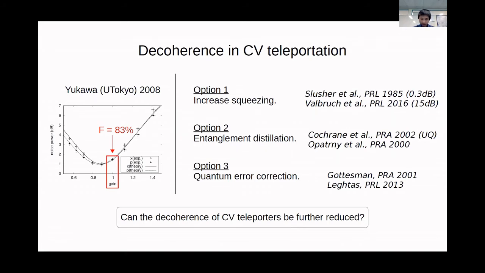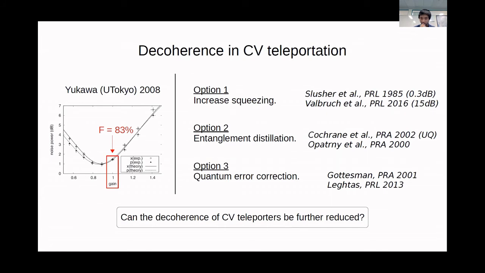Now, it has been proposed by some authors that there are other methods for increasing the fidelity and reducing the decoherence in CV teleportation. It has been proposed that you could distill the entanglement. So you generate the entanglement first, and then you combine multiple copies into one good one, and then you teleport with this entangled resource.